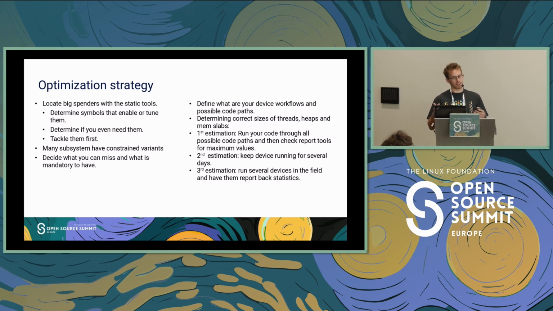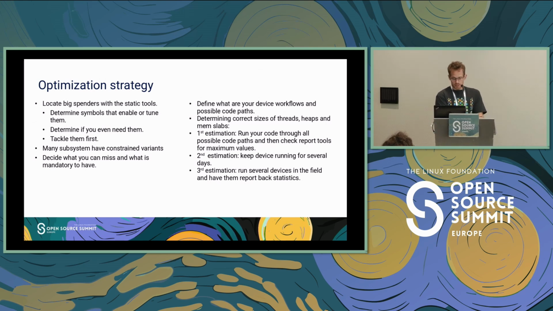For example, with logging you can enable minimal logging, so you can still have some logs with minimal features. The same goes for the shell, and similarly for the asserts. Additionally, some subsystems have extra features. If you don't need them, you turn them off. So decide what you can miss and what is mandatory for your application.